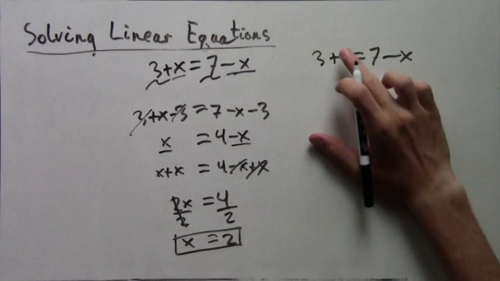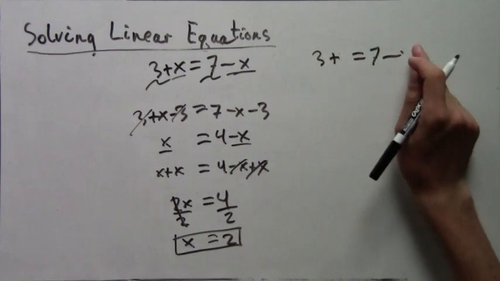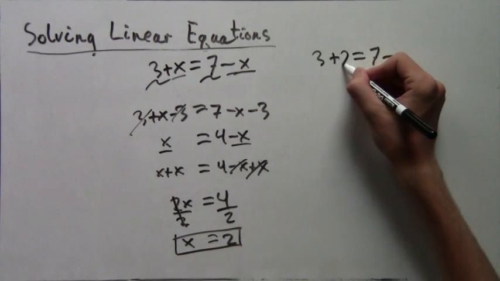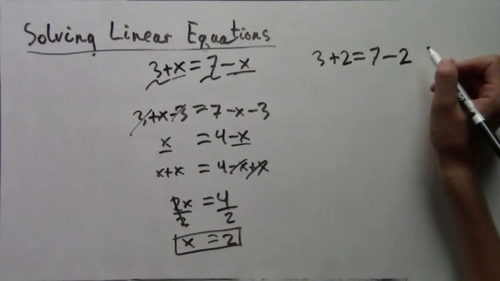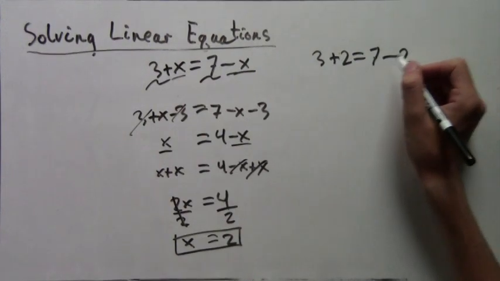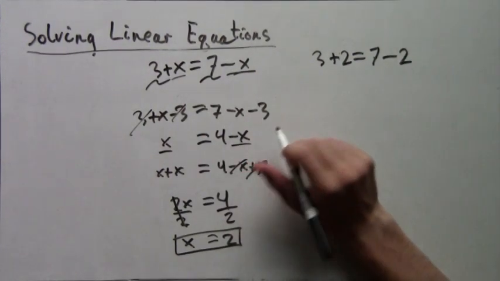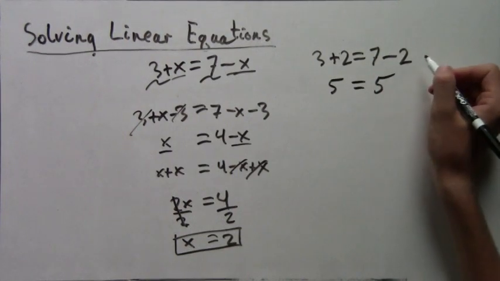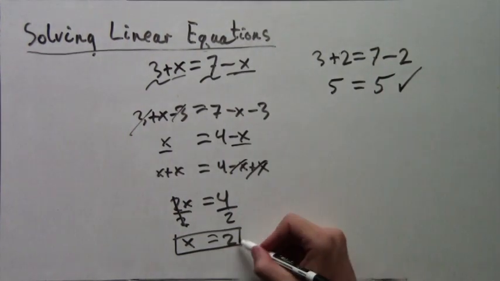Well, if we replace x with 2, we will just get 3 plus 2 equals 7 minus 2. And let's check if this is right. 3 plus 2 is 5. And 7 minus 2 is also 5. So it's correct. So x actually does equal 2.